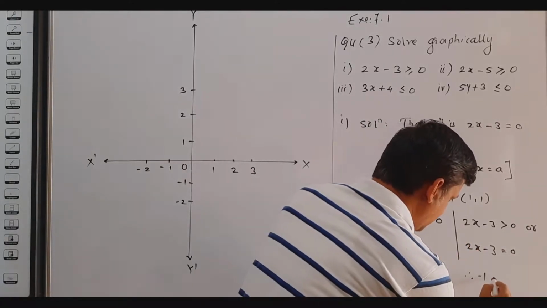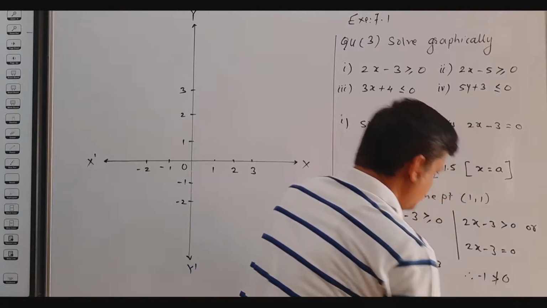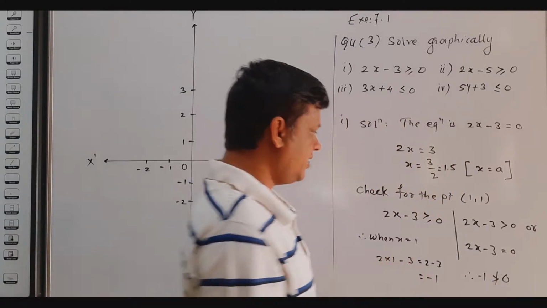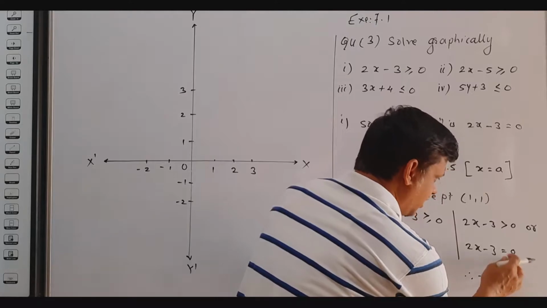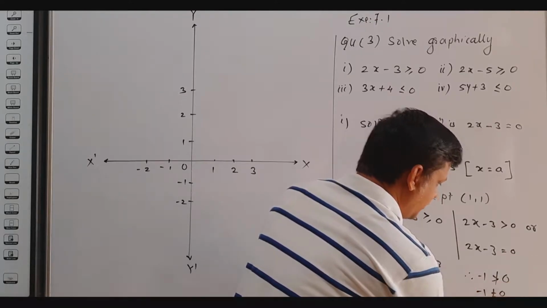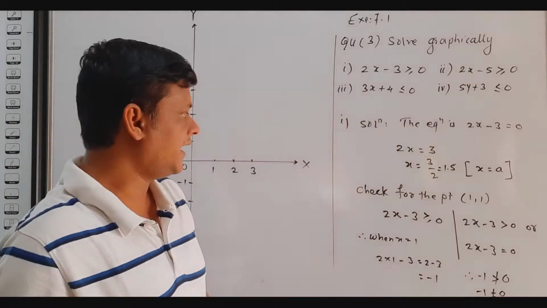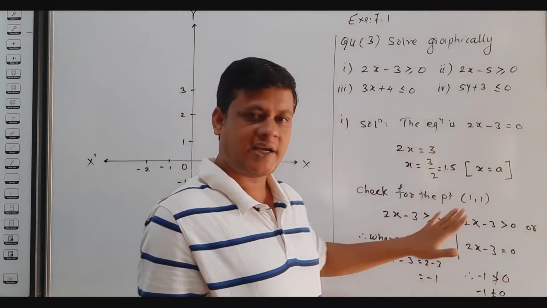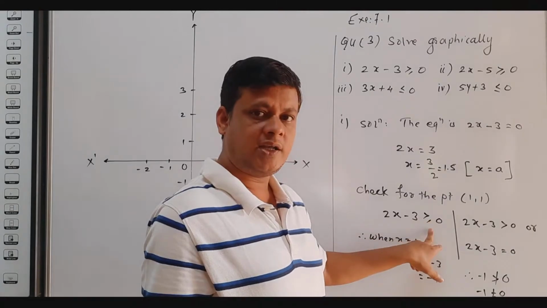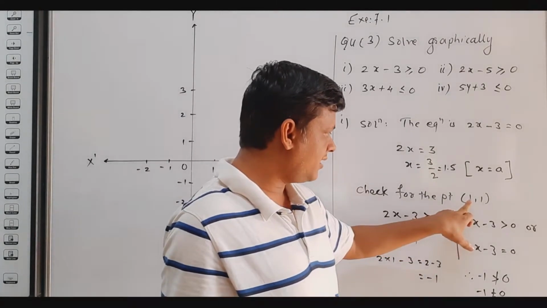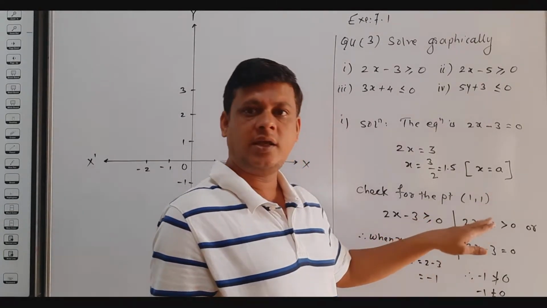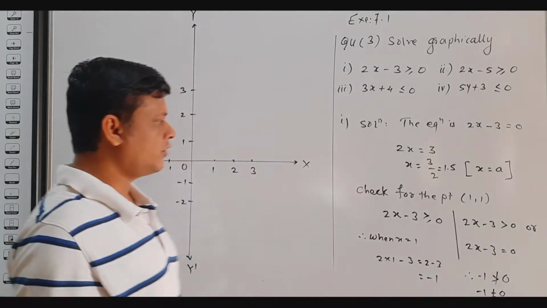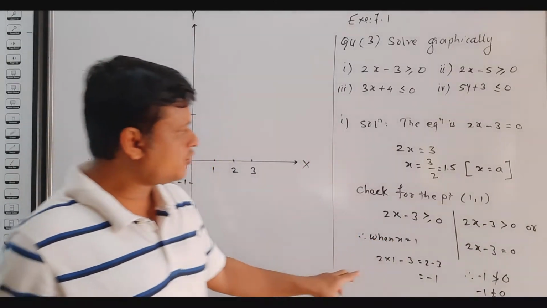Now we check the second condition: minus 1 equals 0? We know that minus 1 is not equal to 0. That means this point does not satisfy this inequality, so this point does not lie in the solution set. So we have to mark opposite to this point.